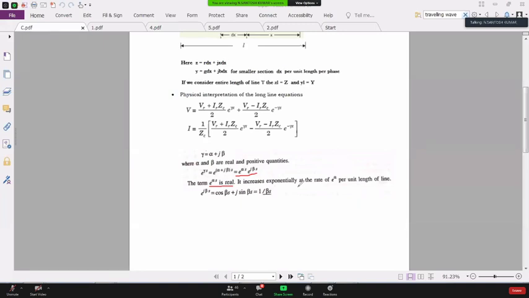Just to understand the concept, we have taken receiving end as a reference. To analyze the long transmission line concept and wave traveling concept, we are taking receiving end as the reference point. Hope you understood.